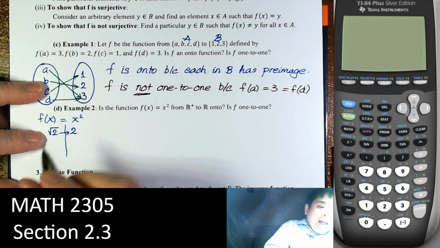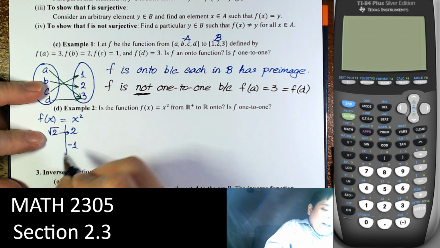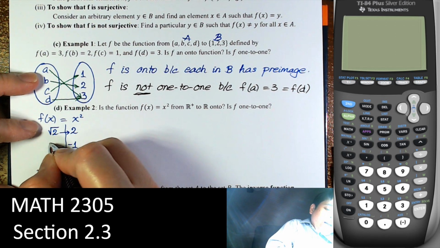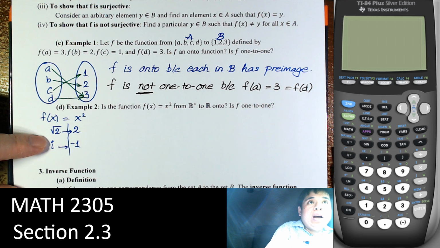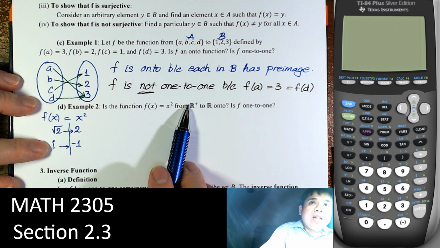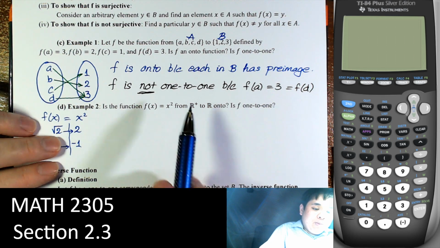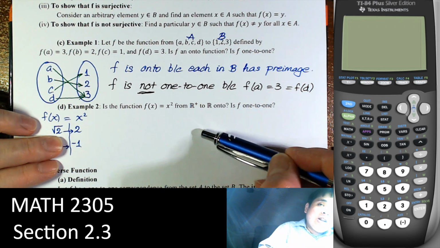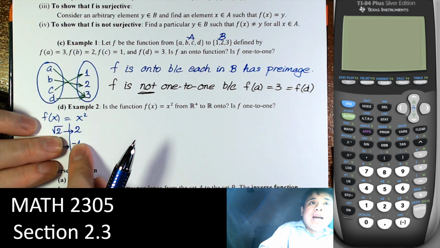That's fine. However, if we have negative 1, there's no real number that gives us negative 1. It would have been imaginary. i squared is equal to negative 1. But of course, i does not belong to this set. So we have an element in the second set that does not have a pre-image. So negative 1 has no pre-image.